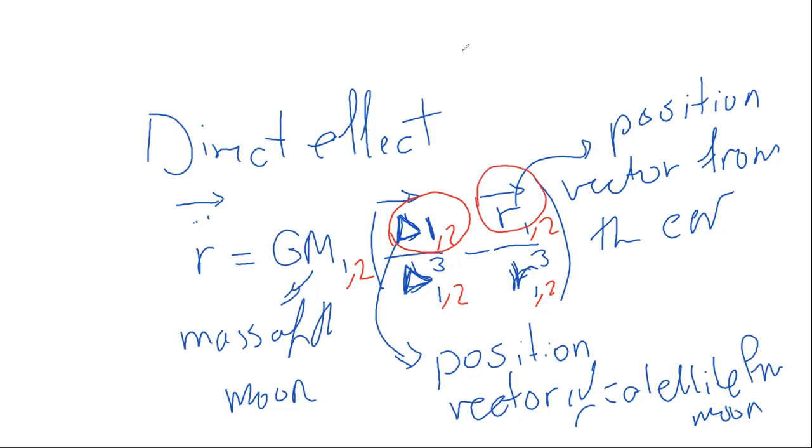That's all. You can compute the satellite acceleration with respect to the moon and the Earth by this formula. That's called the direct effect. However, the indirect effect is not that simple. Then we have to look at some other parameters. Let me explain this in another way.